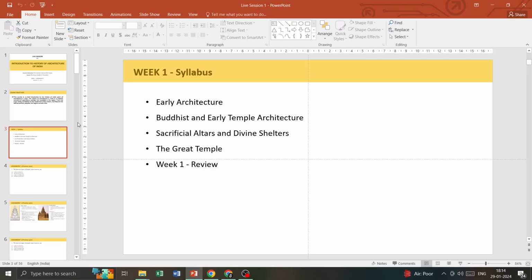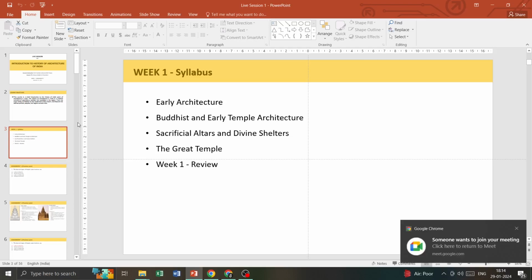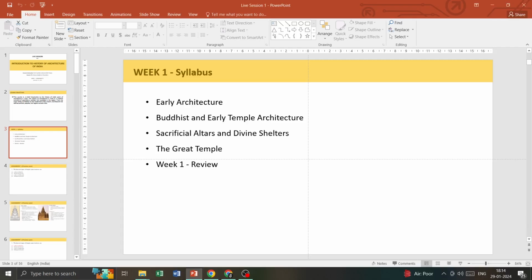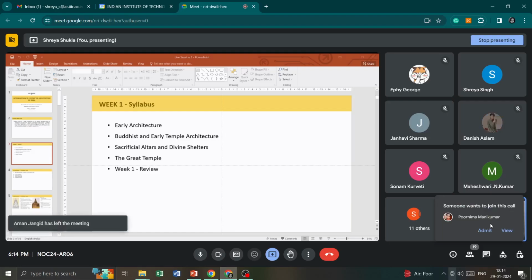And then the idea of sacrificial altars and divine shelters in temples, and then the Great Temple, in which the course covered the different temple styles in India, majorly focusing on Kutina and Latina. And then the 5th lecture was an overview of all these 4 lectures.